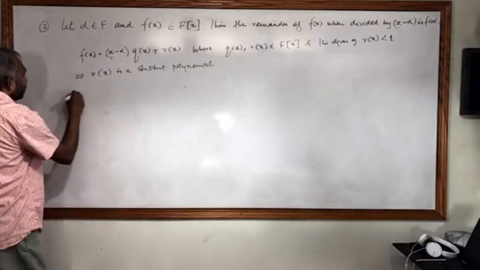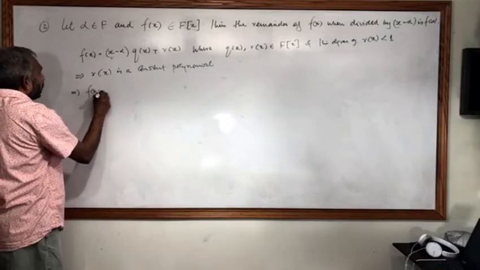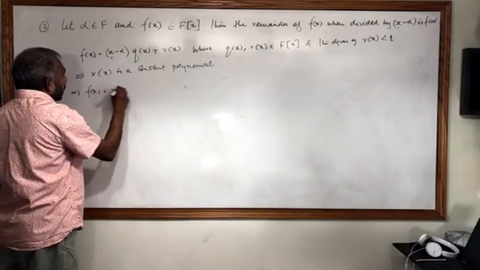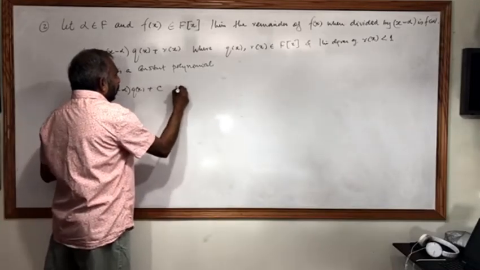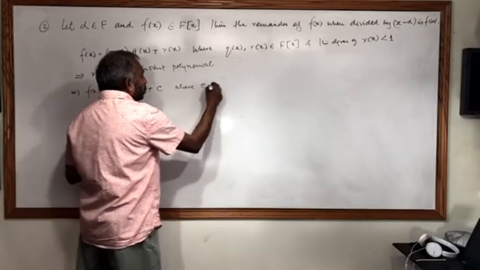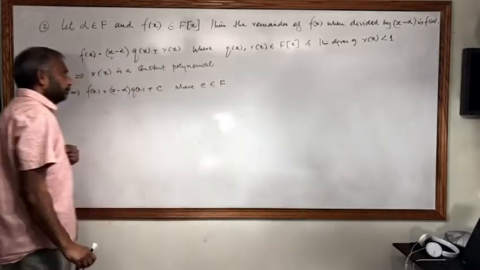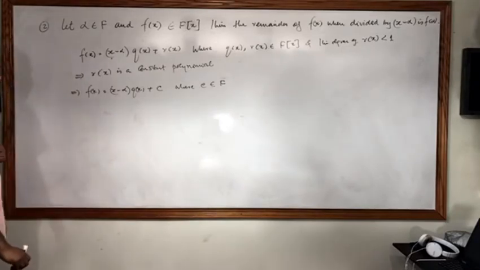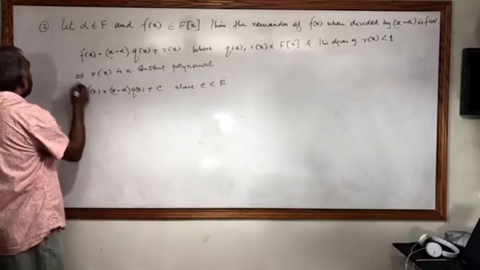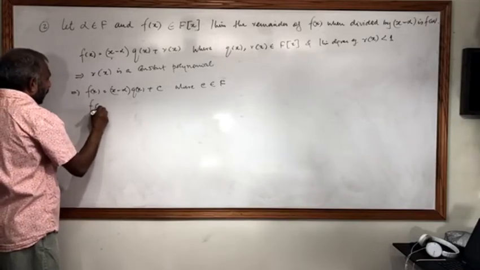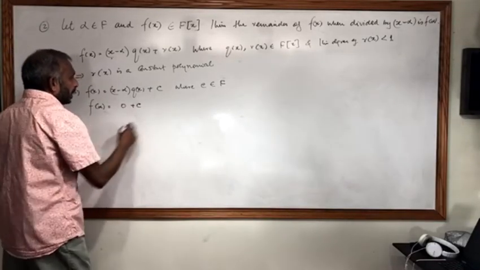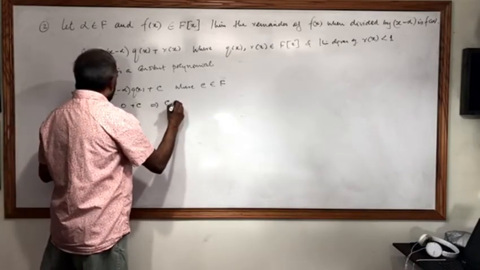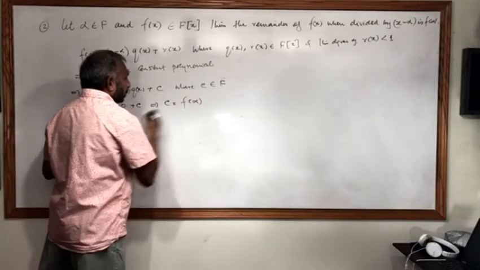And that means f(x) is equal to (x minus alpha) times q(x) plus c, where c belongs to F. Now replace x by alpha. f(alpha) is equal to 0 plus c, and that means c is equal to f(alpha).